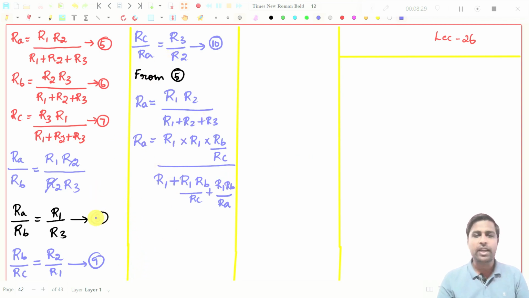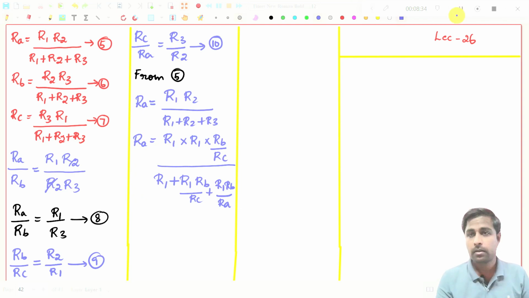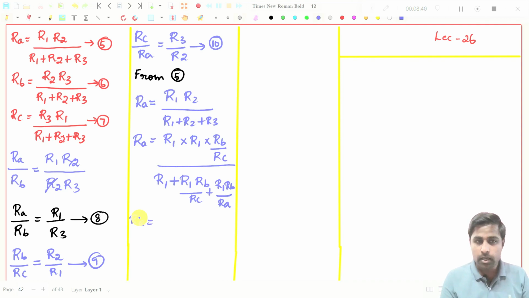So how can we simplify this expression? See, RA is equal to, in the numerator, R1 square into RB by RC. In the denominator, we can take R1 commonly outside. This is R1, this is R1, this is R1.